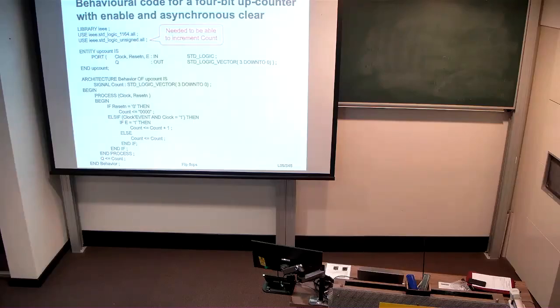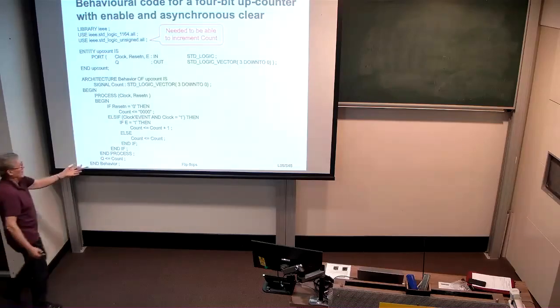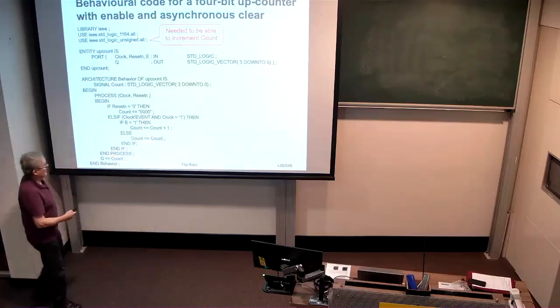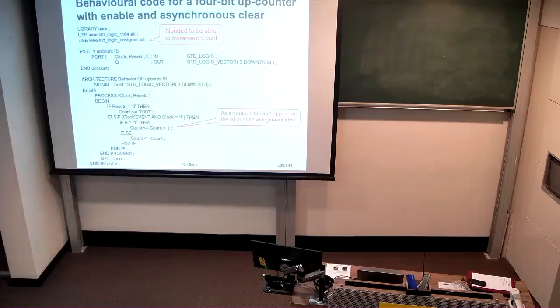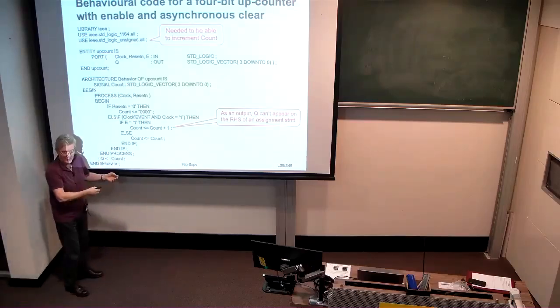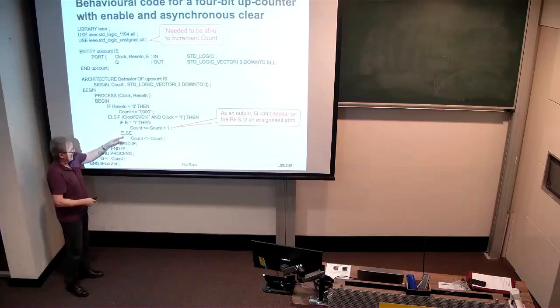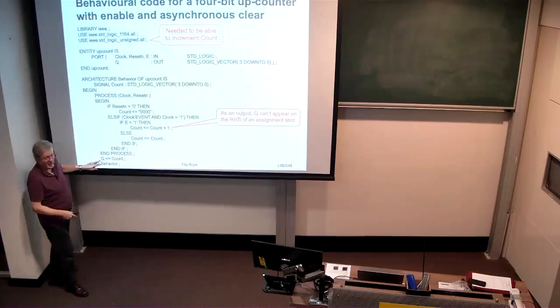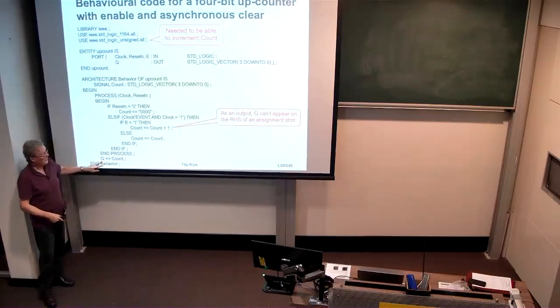If we don't include that, we can't behaviorally add 1 to a signal value, right? Q, which is an output, can't appear on the right-hand side of an assignment statement because it's an output. Therefore, we have to declare an internal signal called count that can be incremented. And finally, we make this reassignment of count back to Q. So that's only done at the end.